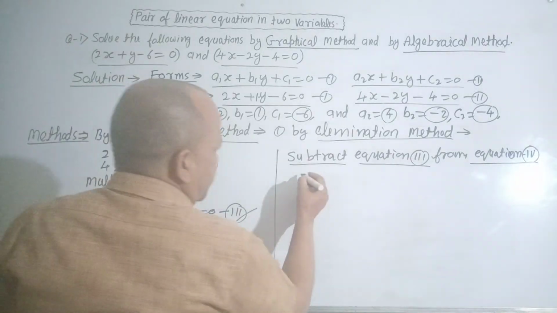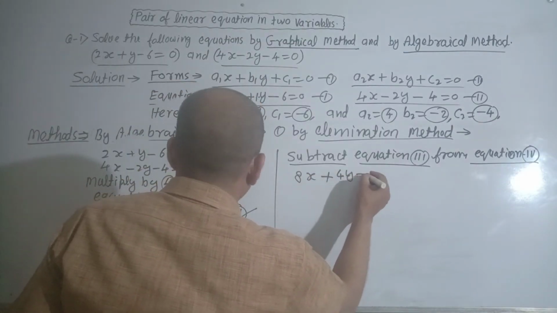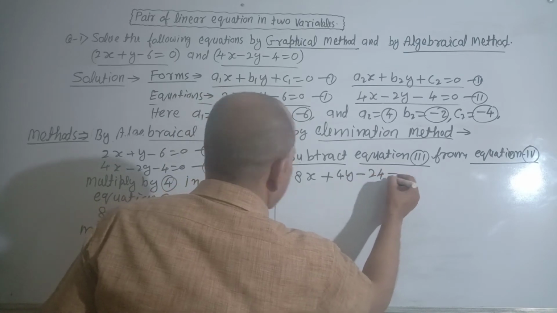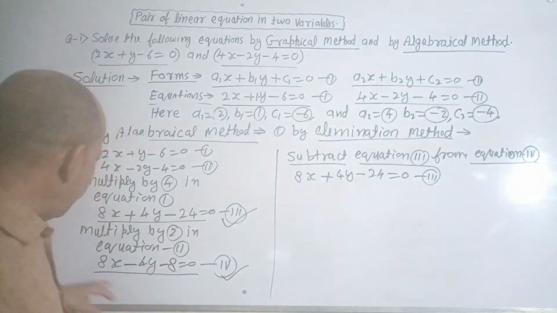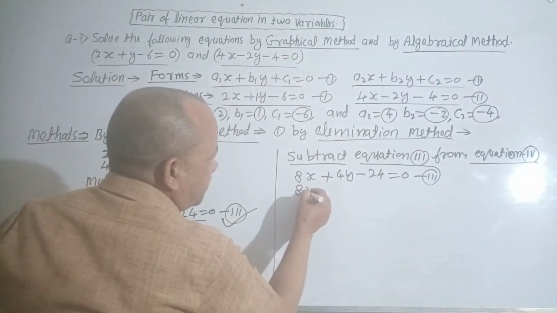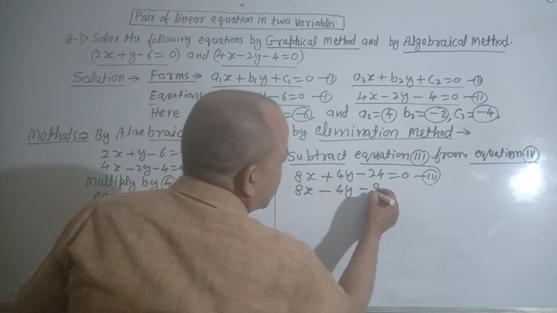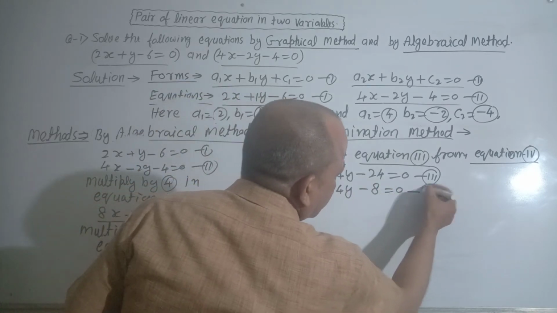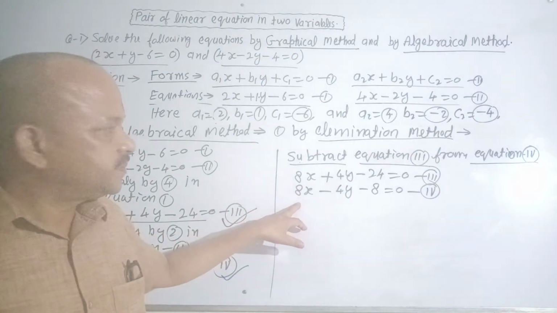Equation third: 8x plus 4y minus 24 equal to 0. Write equation fourth: 8x minus 4y minus 8 equal to 0. Subtract it.